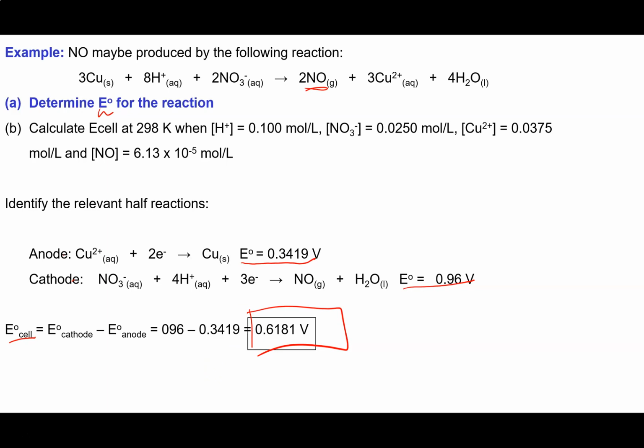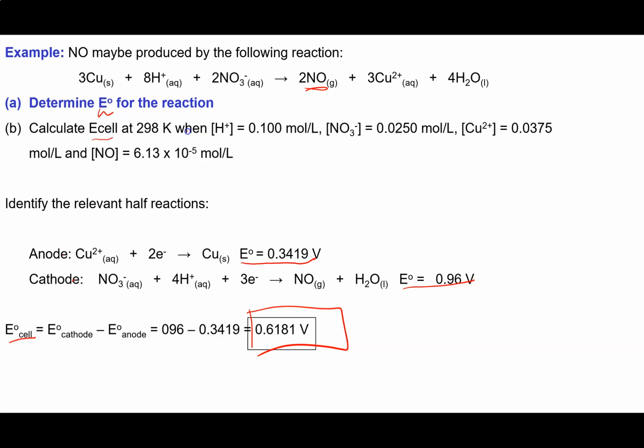So that's the standard cell potential. What we're going to do now is calculate the cell potential when the concentrations of things are nowhere near standard conditions. Standard conditions would have everything at a concentration of 1 mole per liter.